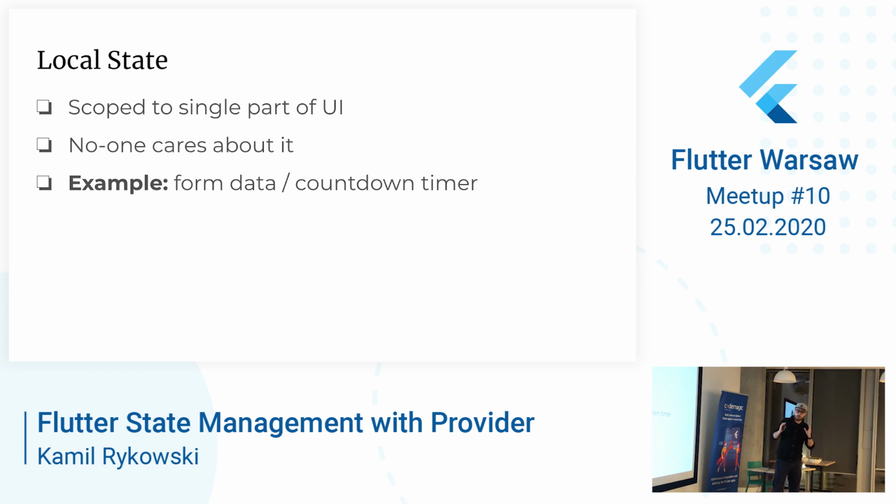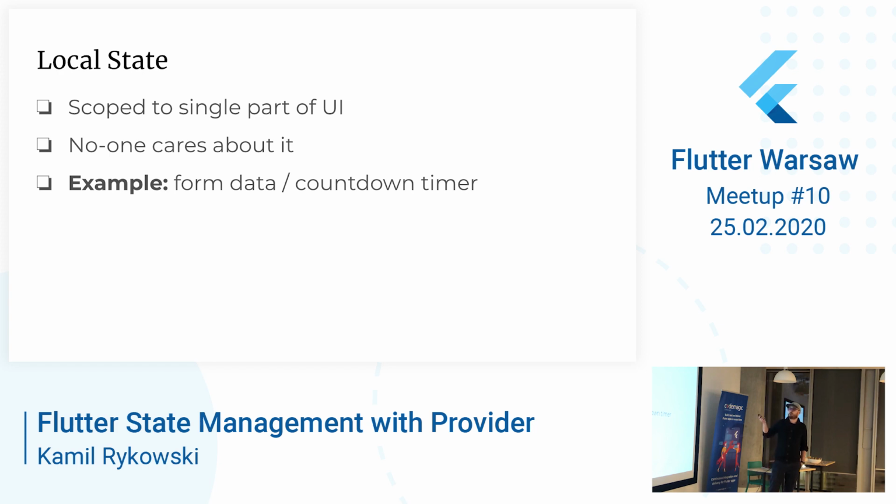For example, we have some single widget, it has its own state, but no other widgets, no other routes are interested in what exactly is in this state. Why don't they care? Because they don't have access to it. The state is basically invisible to them. No one can read it, no one can modify it, except this particular widget.